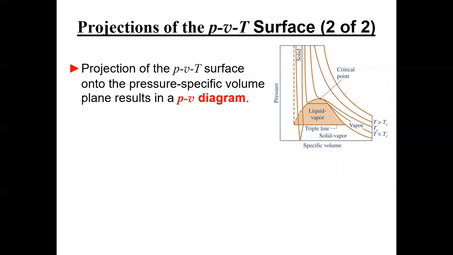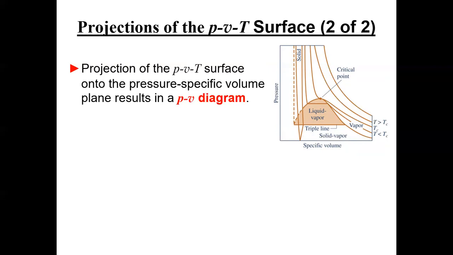And so that's one of the defining physical points for a pure substance, water and others. You can look up data for the triple point conditions, exactly what pressure, what temperature, and what range of specific volumes that is applicable for.